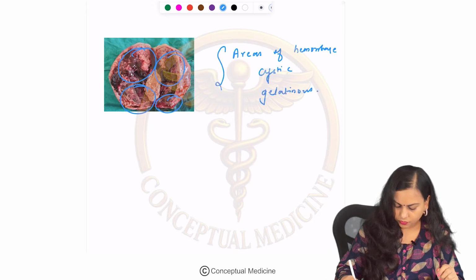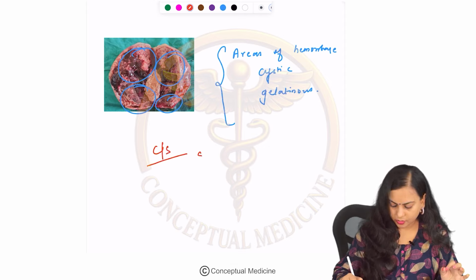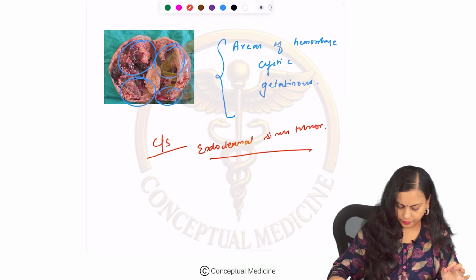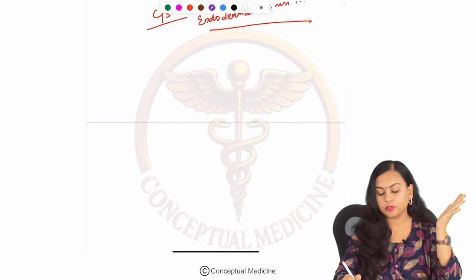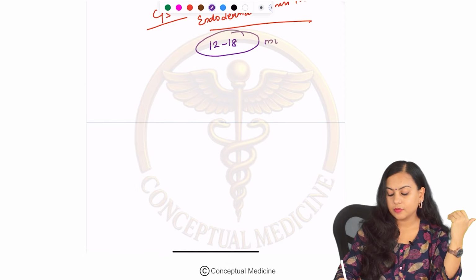This is how a cut section of an endodermal sinus tumor will be. Clear? And as I told, the tumor has a very bad prognosis and most of the patients will die within 12 to 18 months of diagnosis itself.